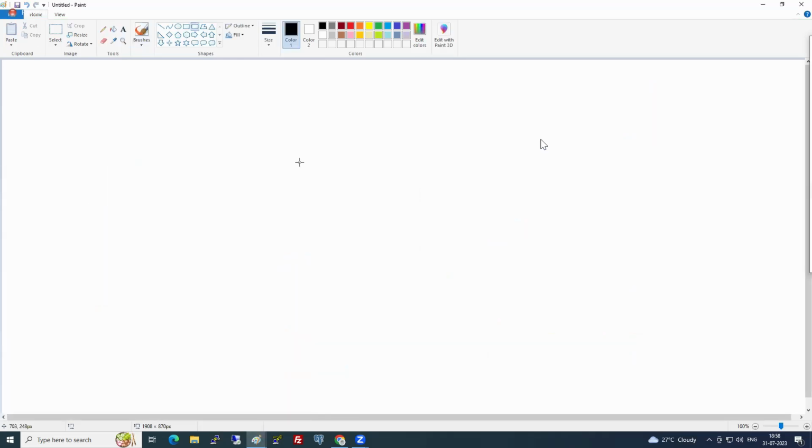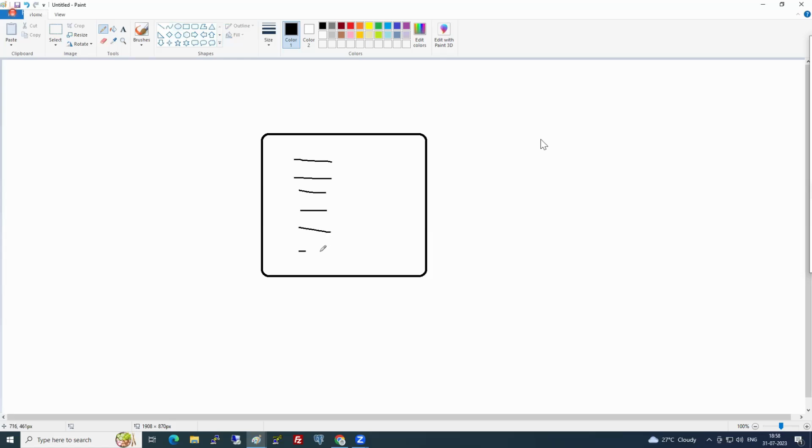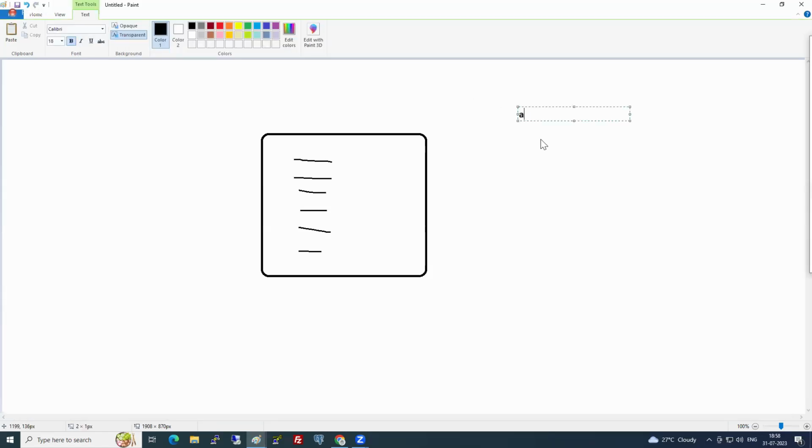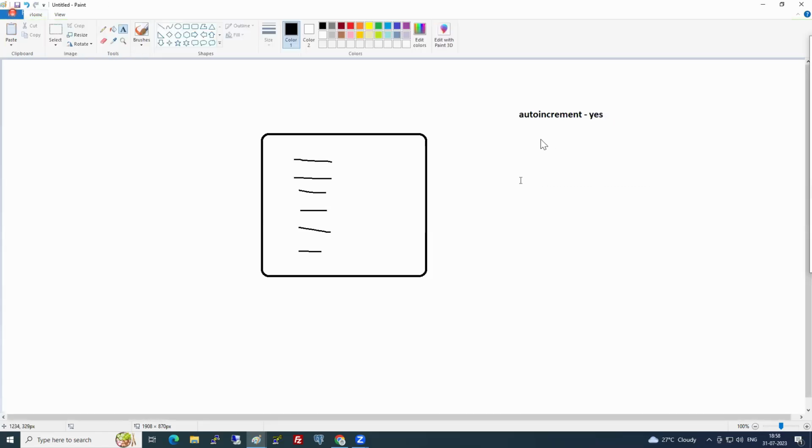Okay, forget about developers. This is your DB engine, and you have so many databases inside it. Schemas are key value pairs. Let's say auto increment is equal to yes. That means in a table, whenever you add a new row, the serial number should automatically increment 1, 2, 3, 4, 5. Do you enter the values 1, 2, 3?